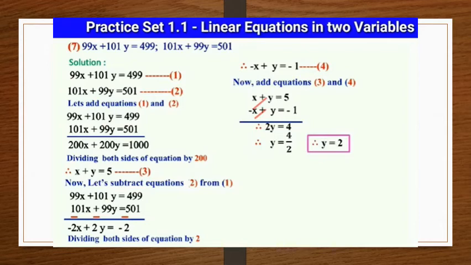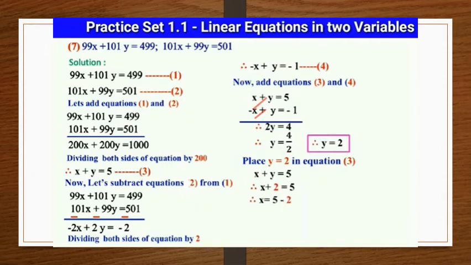So we got the value of variable y. Let us substitute that in equation number 3 to get the value of x. Equation number 3 is x plus y is equal to 5. So x plus 2 is equal to 5. Variable on one side, numbers on the other side.